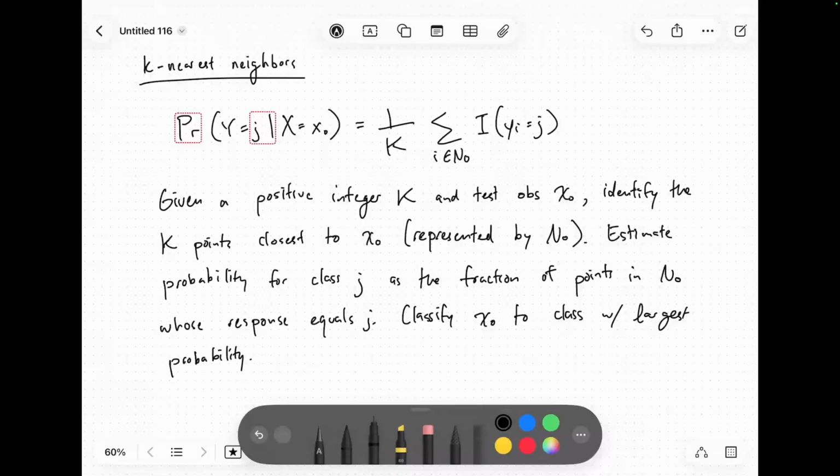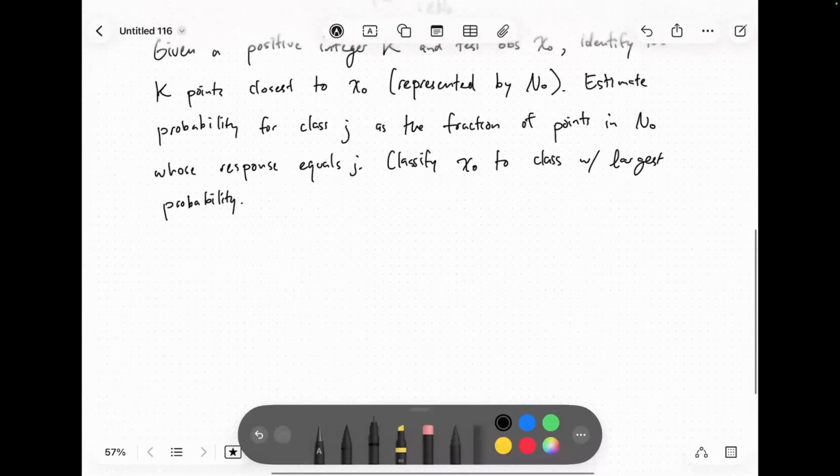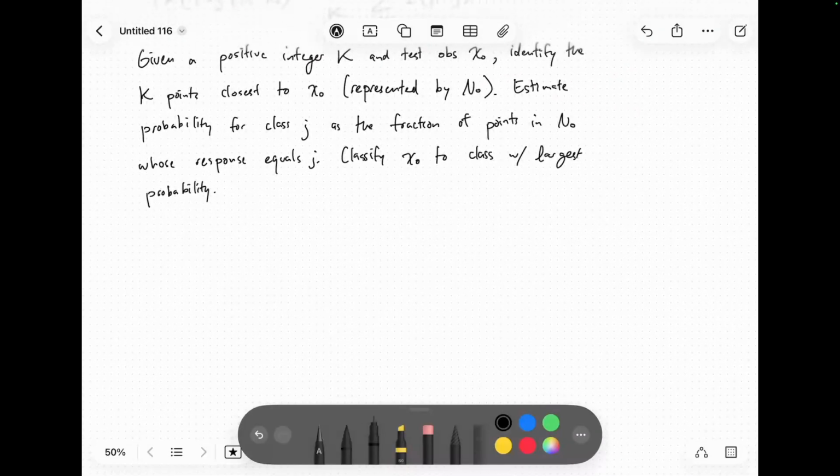Okay, so I'm not sure that this explanation is the best either. This is kind of the formalized definition.